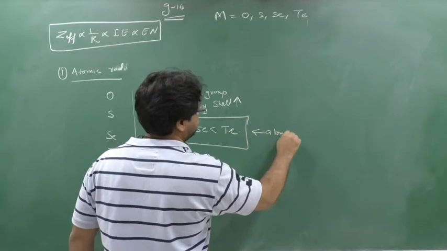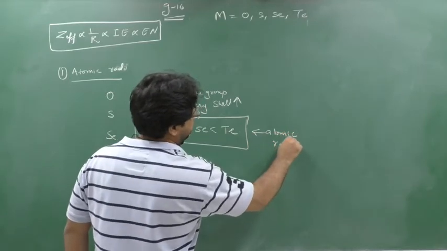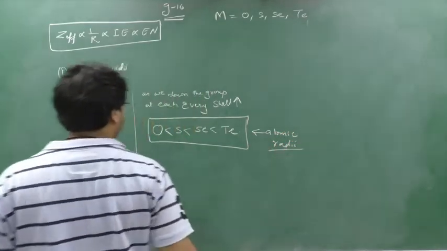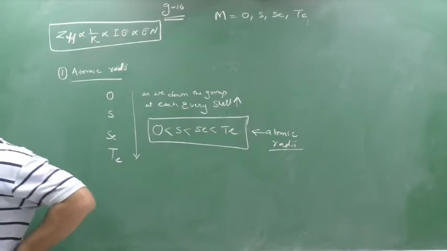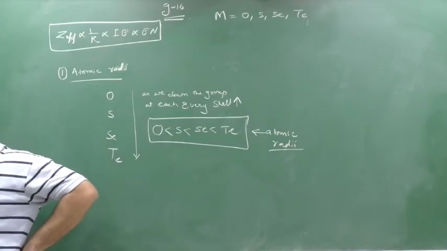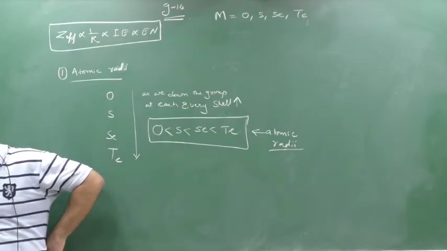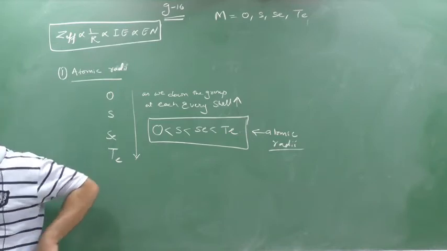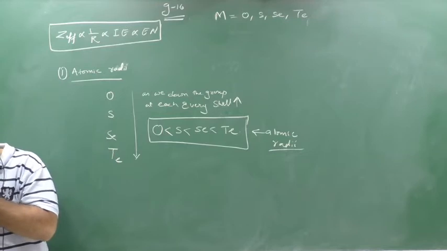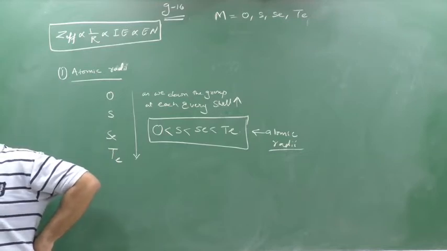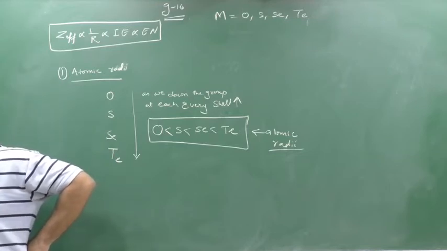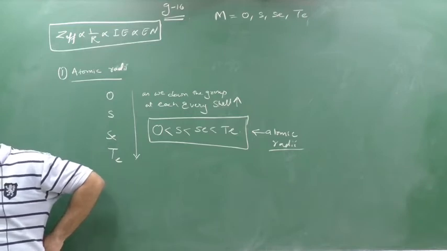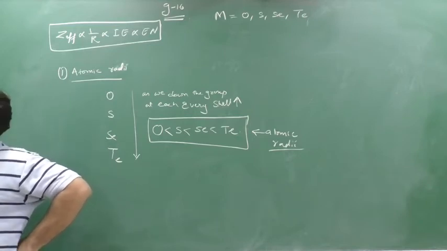Chalo, write down. Please take out your pen and book. I will give some short notes. As we move downside the group, at each and every time a new shell is being filled up due to increasing atomic number.